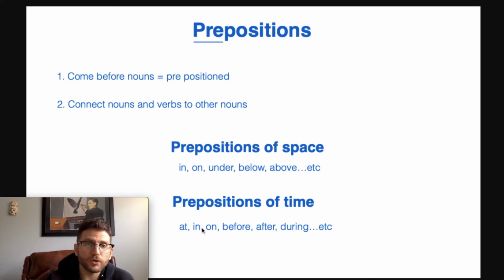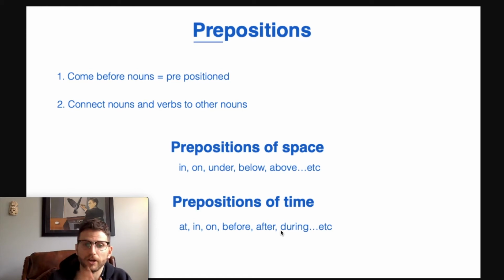I could also show a relationship between nouns in time. I could say that the party was before dinner. Okay, so what's the relationship here? The relationship is between two nouns, party and dinner. Okay, but it's a relationship of time. One happened before the other.